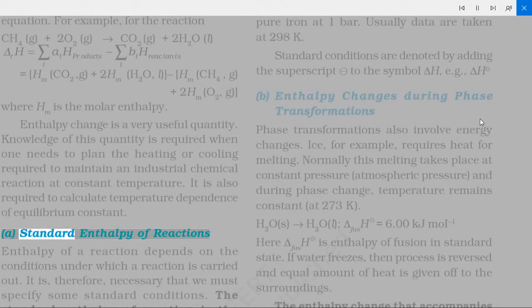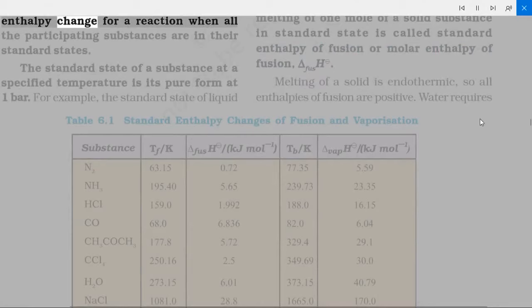Standard enthalpy of reactions. The enthalpy of a reaction depends on the conditions under which a reaction is carried out. It is, therefore, necessary that we must specify some standard conditions. The standard enthalpy of reaction is the enthalpy change for a reaction when all the participating substances are in their standard states. The standard state of a substance at a specified temperature is its pure form at 1 bar.